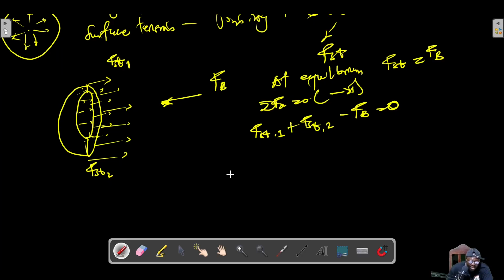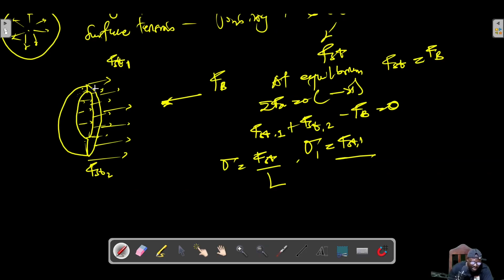Now, what is our surface tension force? Remember, surface tension is equal to the surface tension force divided by the length. For the first interface, the surface tension will be the surface tension force for the first interface divided by the total length.